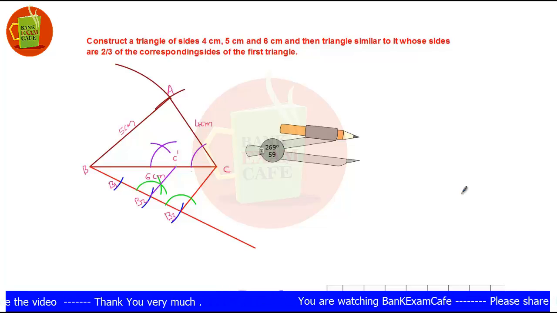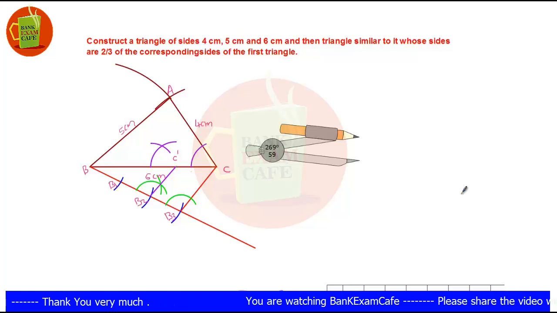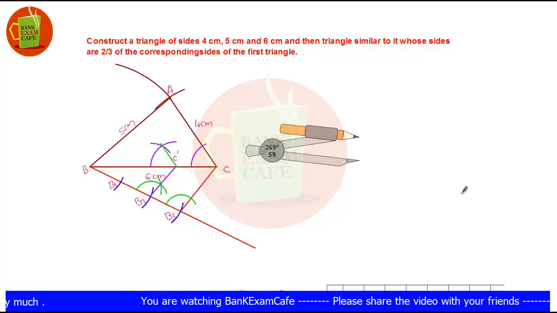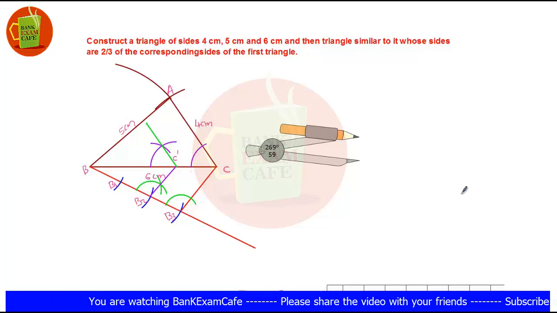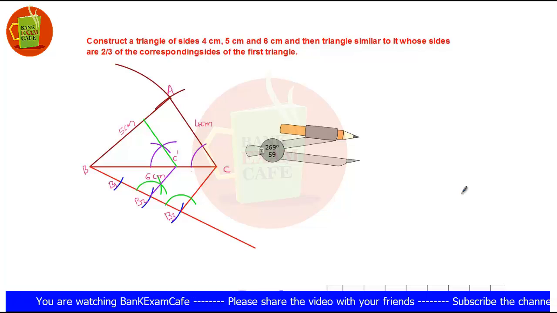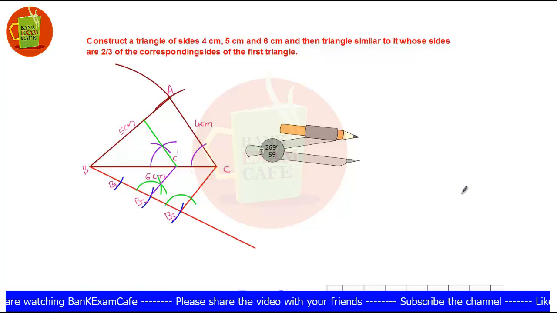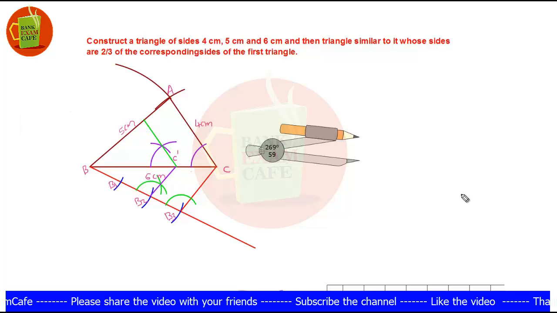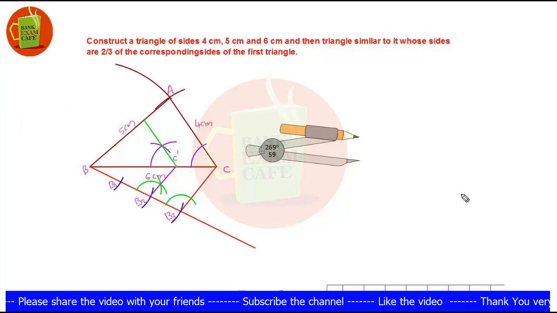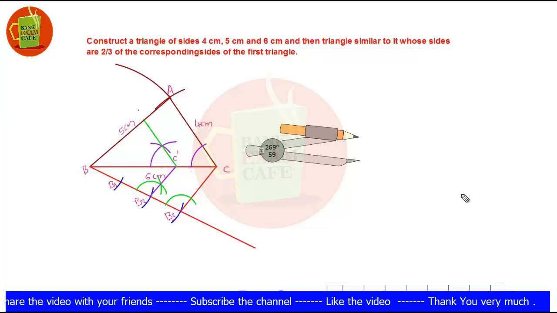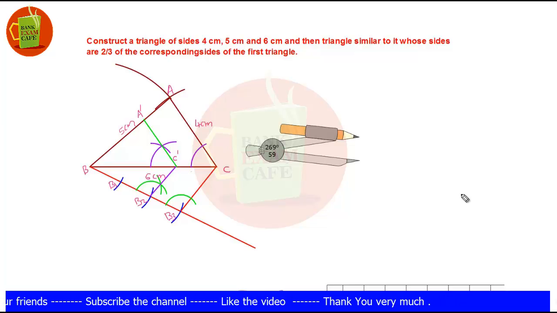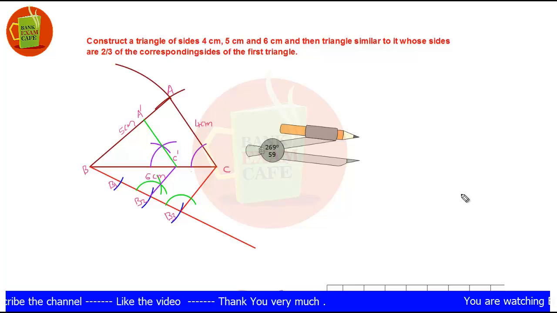So from this C dash point, draw a line segment passing through this point of intersection and intersecting the line segment AB, and this point is A dash point. So here this point is A dash, and therefore A dash B C dash is the required triangle.